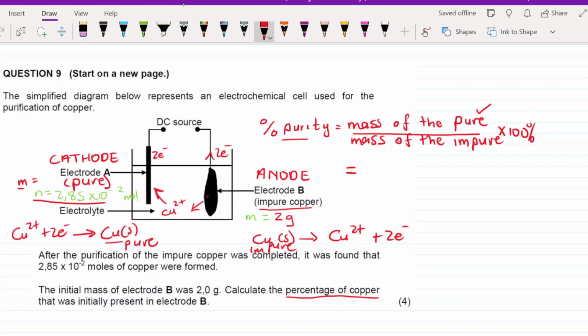Then this will be our numerator. The mass of the impure, they said, is 2 grams, so we already have this one. We need to find now the mass of the pure. So let's quickly do this one.